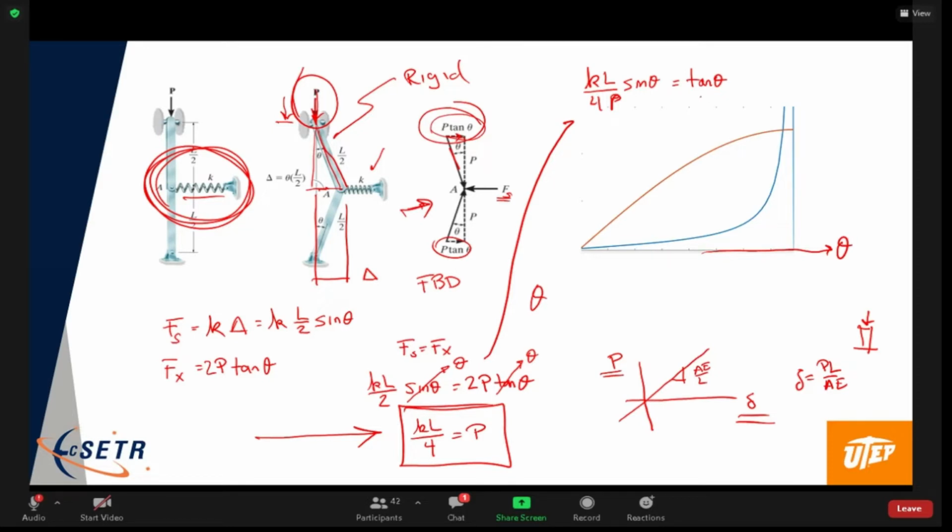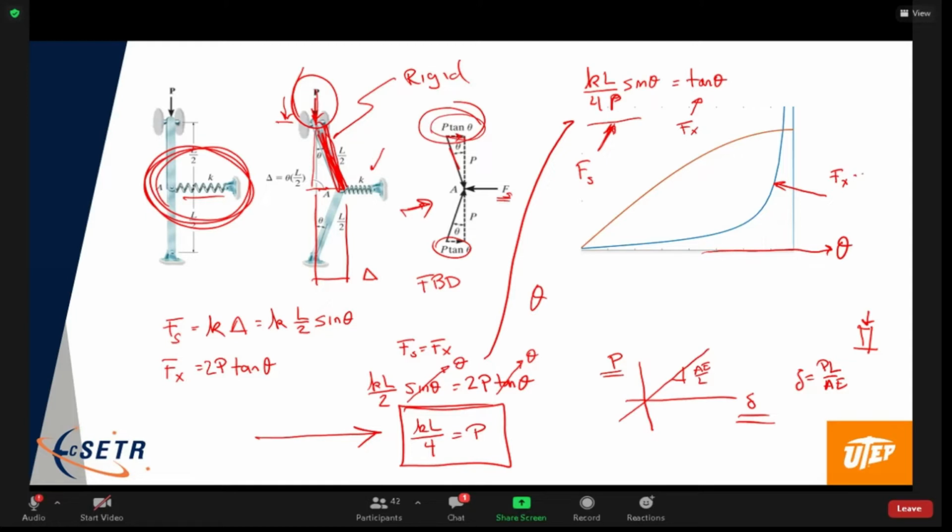Now I know we've lost a little bit, but this quantity here is related to the force that gets transmitted through the link from P. And this term here is related to the spring stiffness, the force due to the spring, right? So here's what we have. This plot here in blue is the plot of Fx.